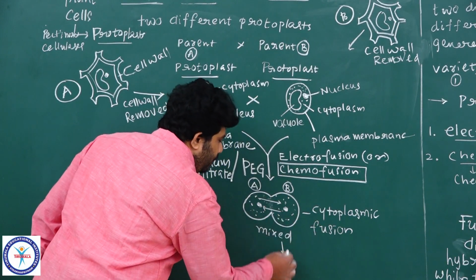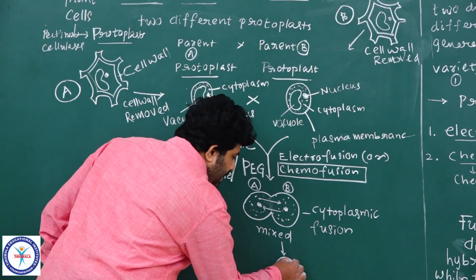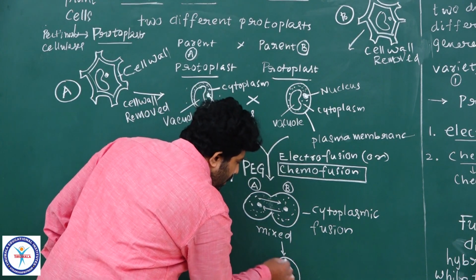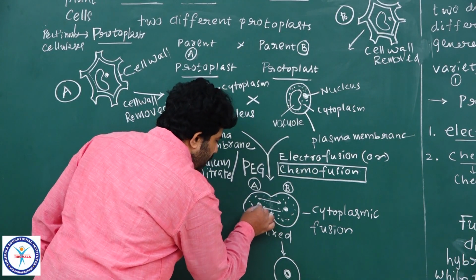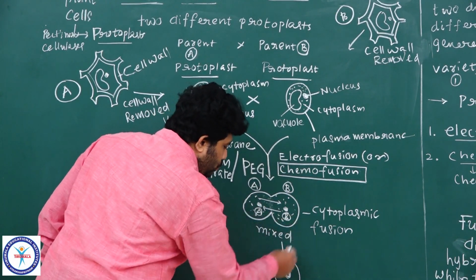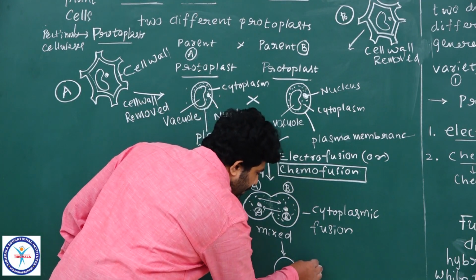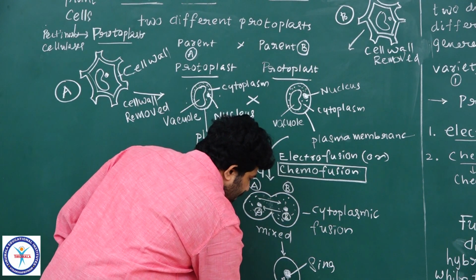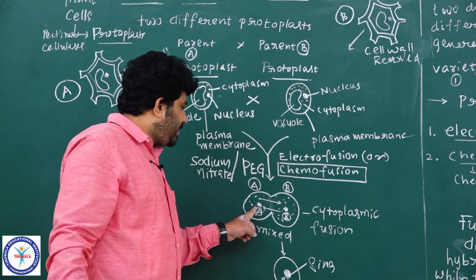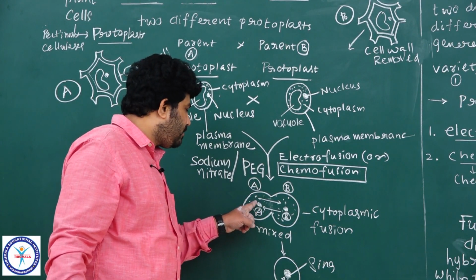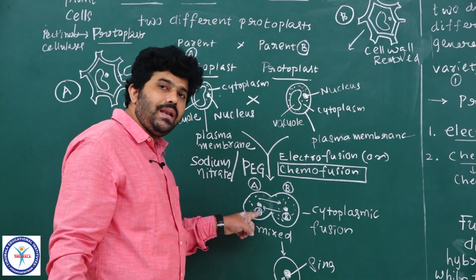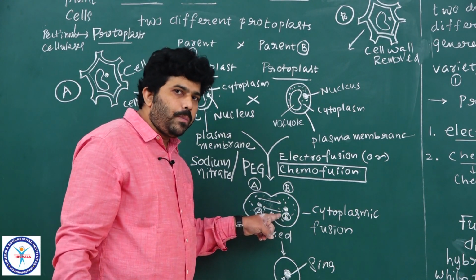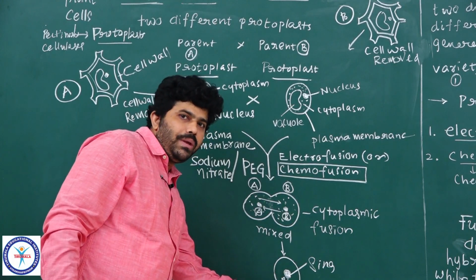When nuclear fusion takes place, it completely develops into a single hybrid cell. Nucleus A and nucleus B get fused to make a single nucleus.